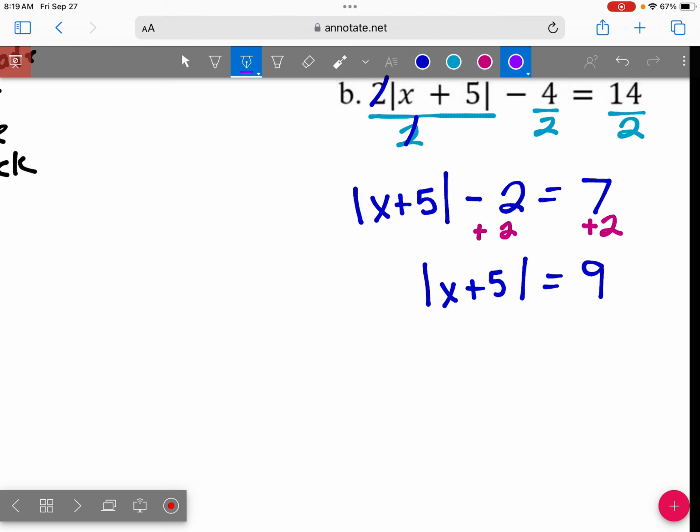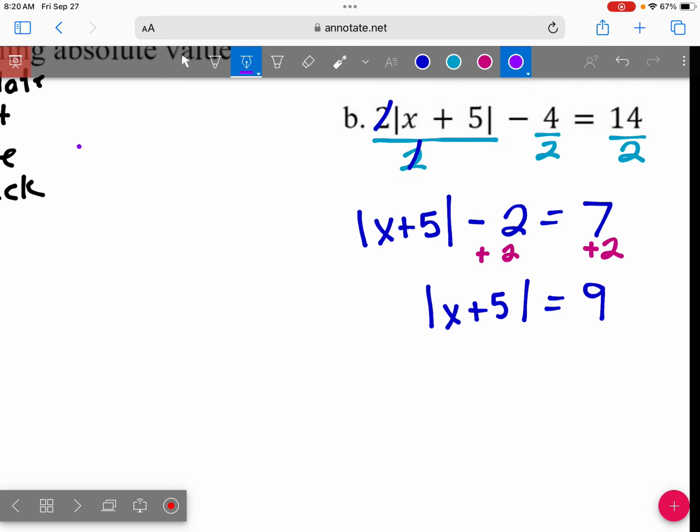So now that we've got our absolute value isolated, we are ready to do our split, where I take this chunk and say, well, maybe my absolute value bars aren't doing anything, and x plus 5 really does equal a positive 9. Or maybe my absolute value bars are working, because maybe x plus 5 actually equals negative 9, and the absolute value is making it be positive.